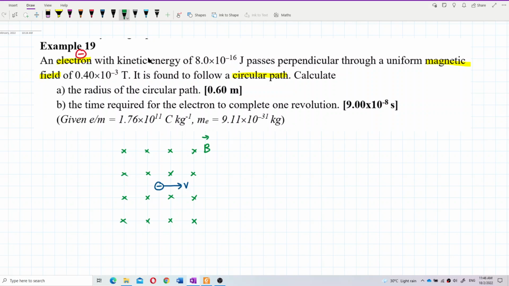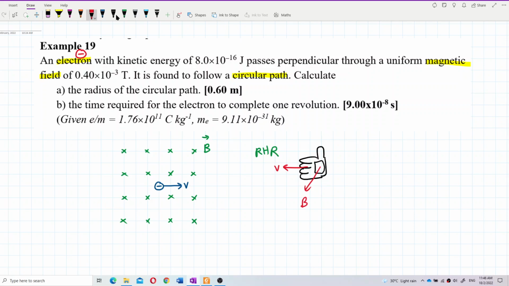If using our right hand rule, we have this negative charge. Don't forget the palm and the fingers. The direction of the fingers is the velocity of the particle, the palm is the magnetic field, and what about the thumb?